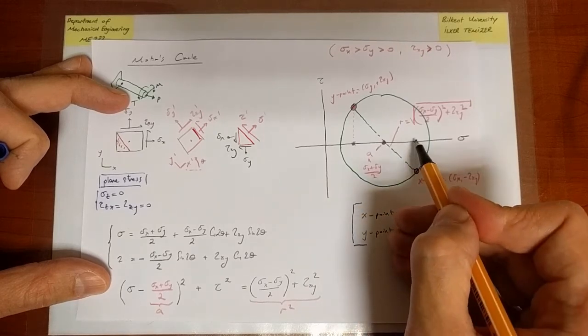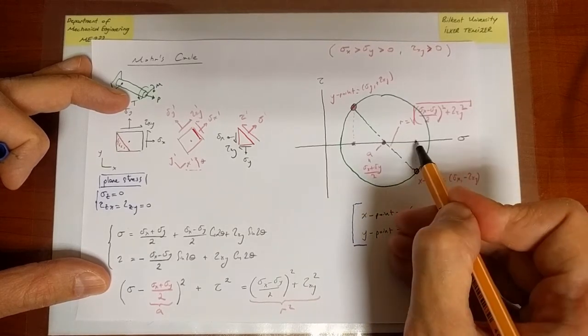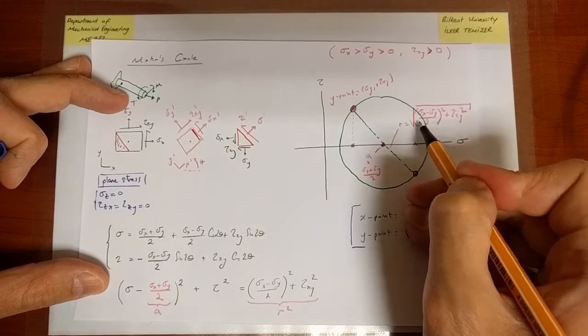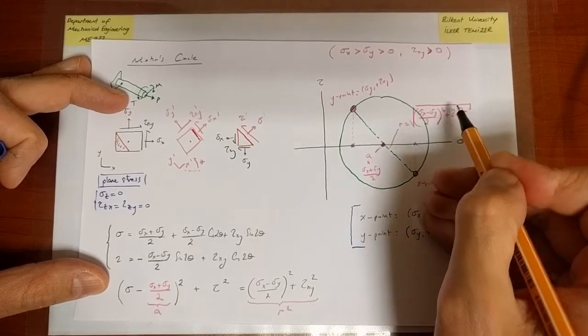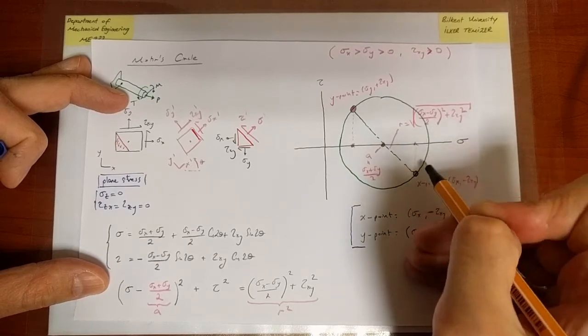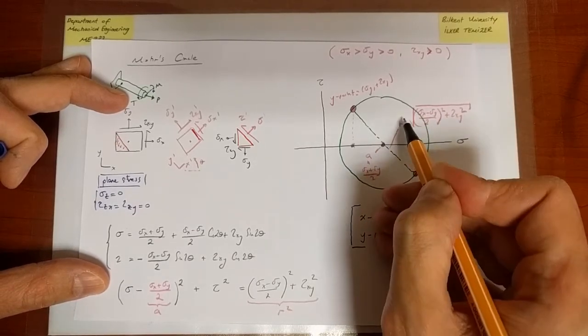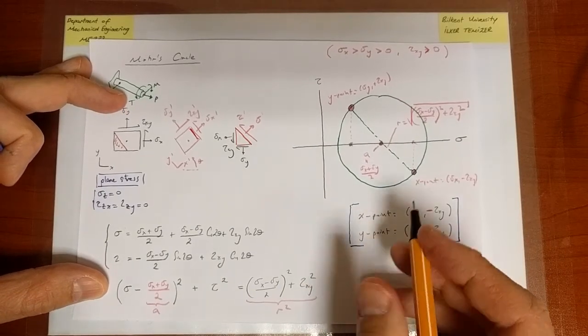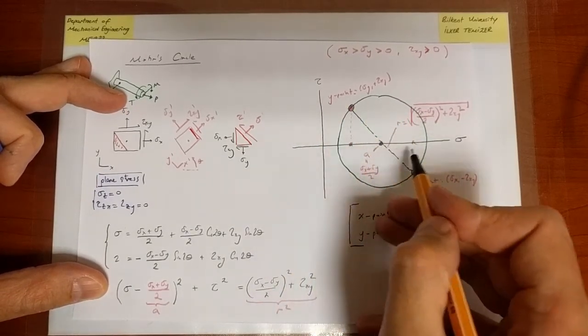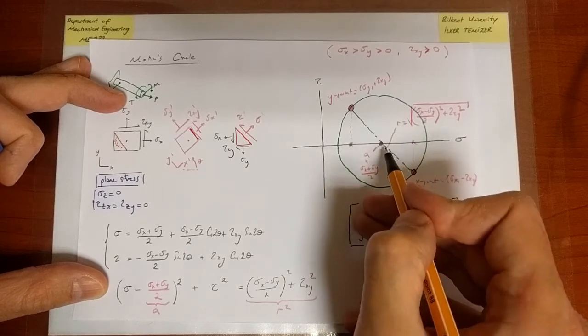And then I want to calculate this radius. It is this distance, which is sigma x minus the center, that value squared, plus that distance squared, tau xy squared, square root. That's the radius. So it's very easy to remember, right? And now, moreover, once you have that, you know the radius.